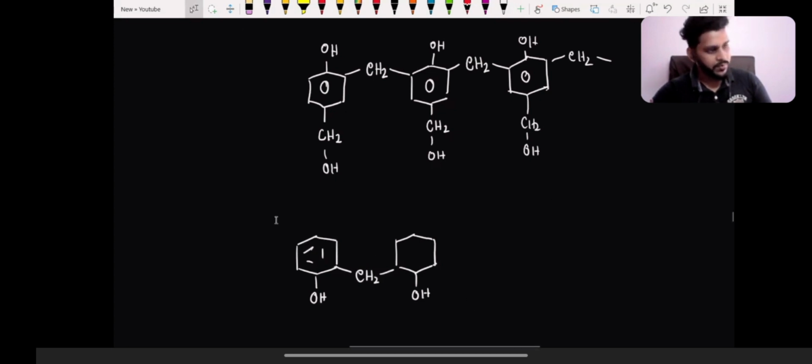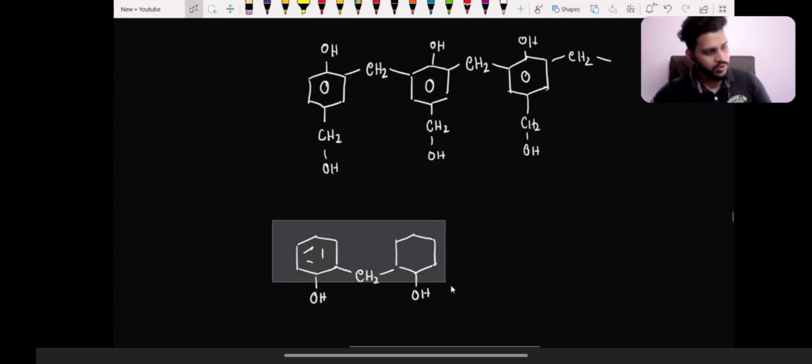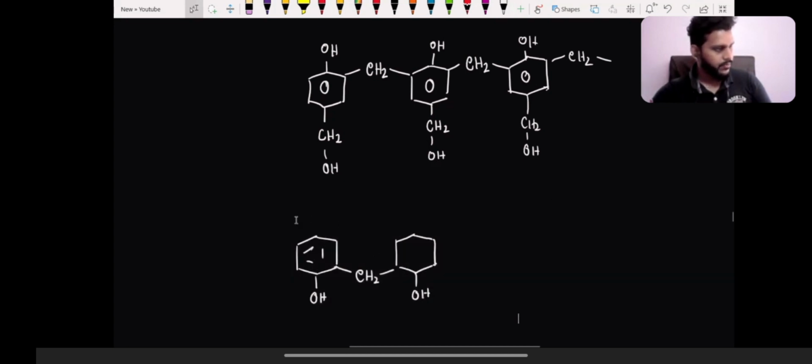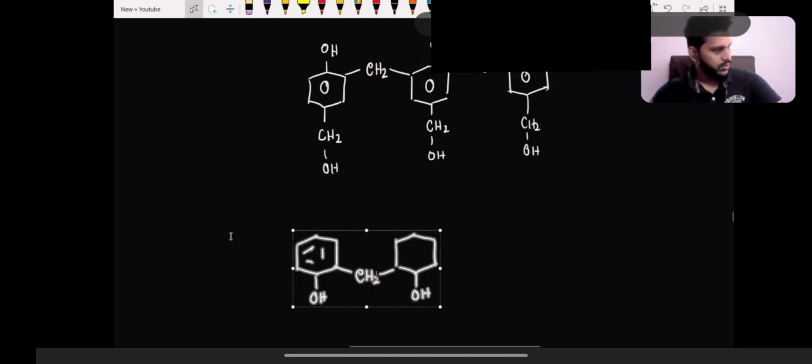I have to shift it because when the polymerization is going on at that time, what's wrong with this? A little to the right.